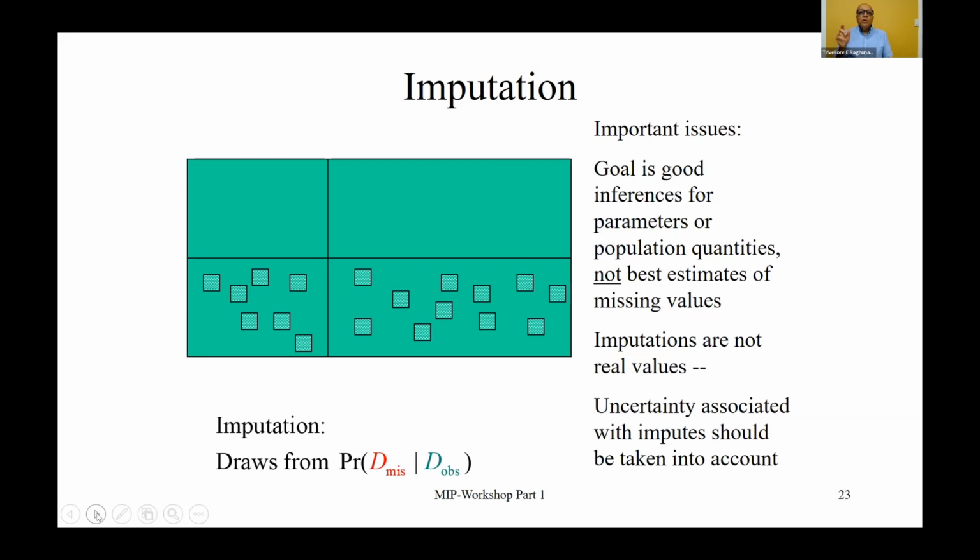But what you are doing with the imputation is getting a plausible data set from the population. Therefore, the inference is plausible inference. And in the process, you want to make sure that you have incorporated the uncertainty associated with the imputations, knowing well that imputations are not real values.